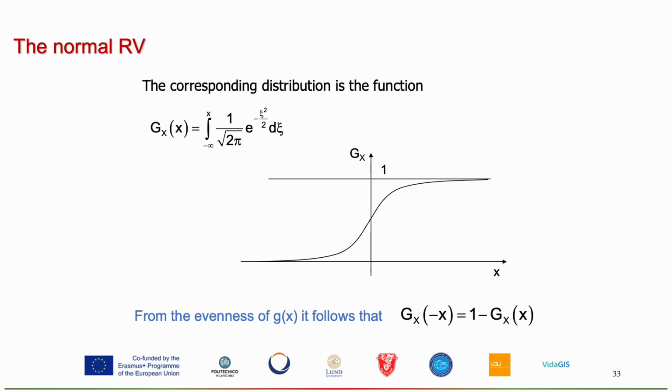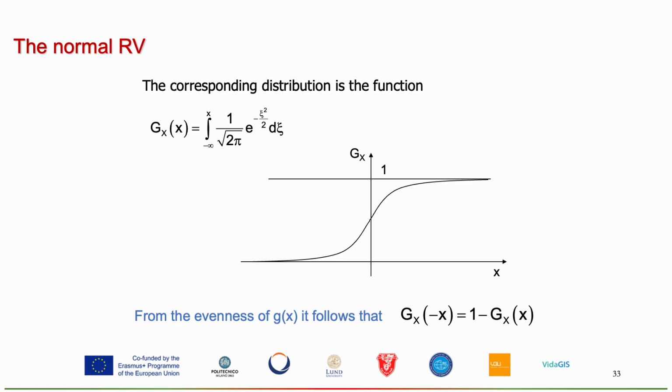Let's look at the corresponding cumulative distribution. From a symbolic point of view, the cumulative is simply given by the integral between minus infinity and x of the density function.